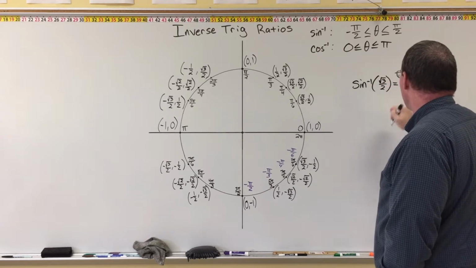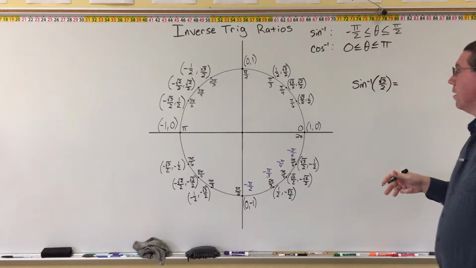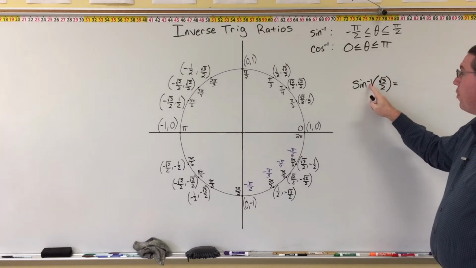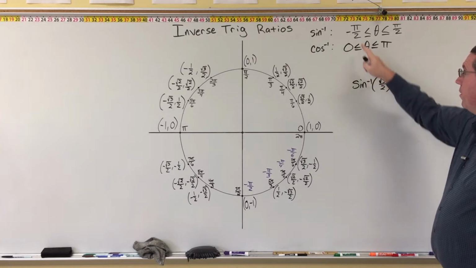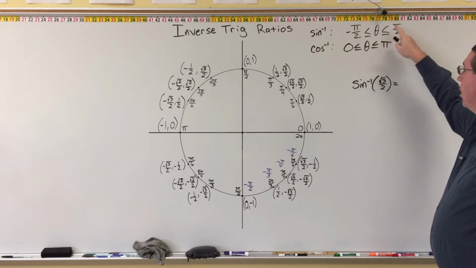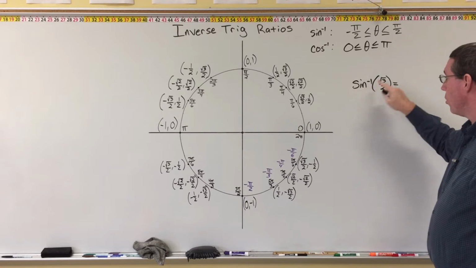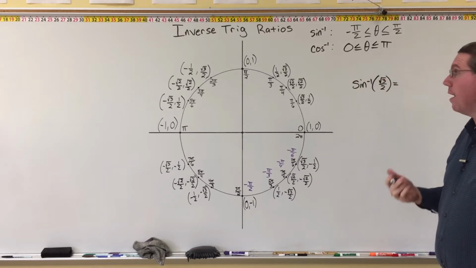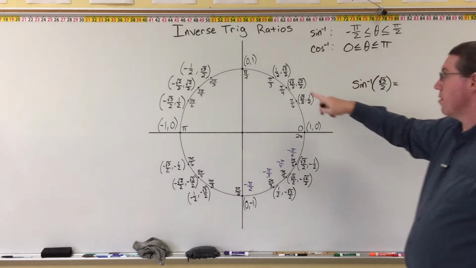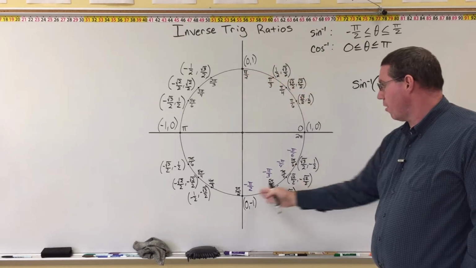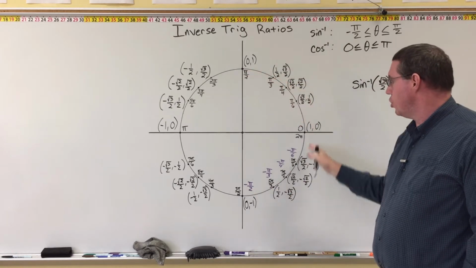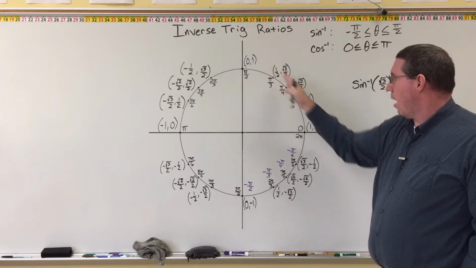What this is asking you is what theta angle on the interval from negative pi over 2 up to pi over 2 will give you the y coordinate of square root of 3 over 2. And of course we can just look at the unit circle and we can see, oh, there it is. This is our range for sine inverse.